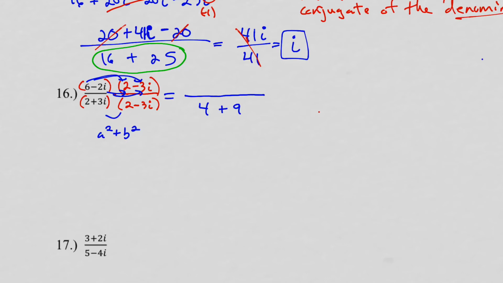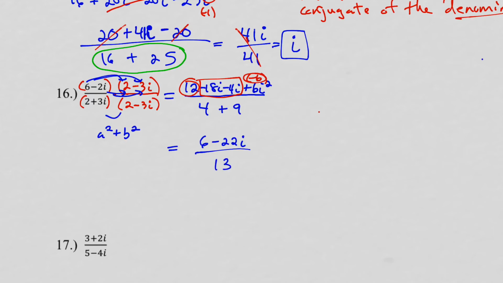So this is going to be 12 minus 18i minus 4i plus 6i squared, which we know becomes a -6 right there. So we're going to do 12 minus 6, which is 6, and then these two go together, so that is -22i, and 4 plus 9 is 13.